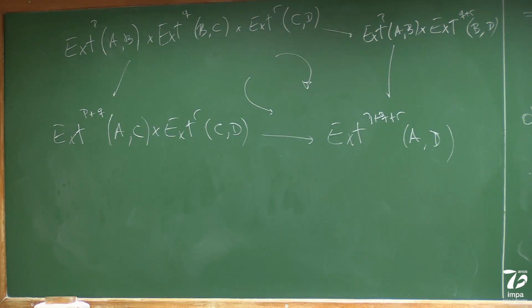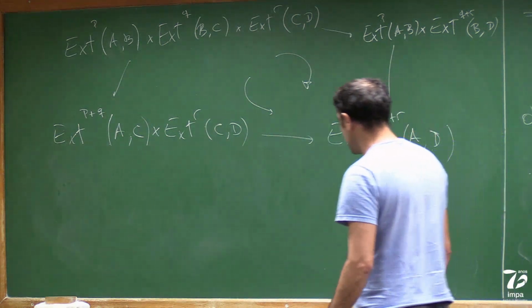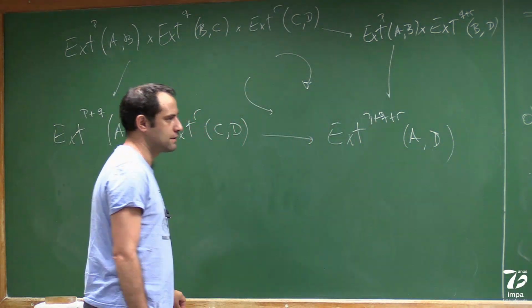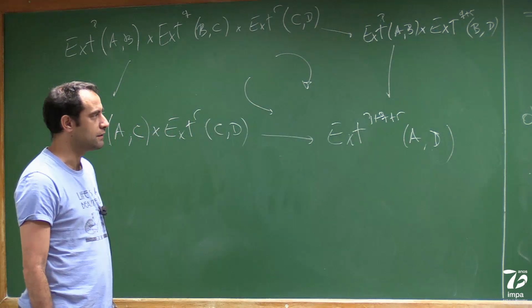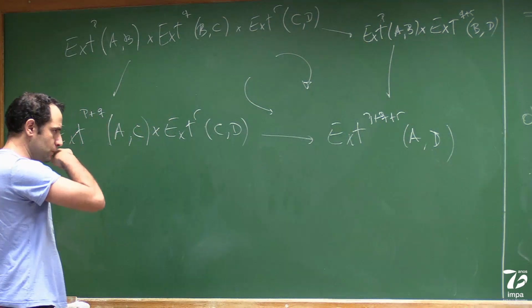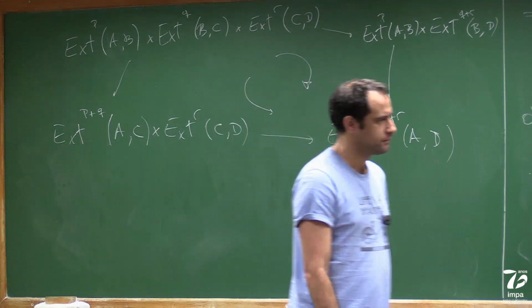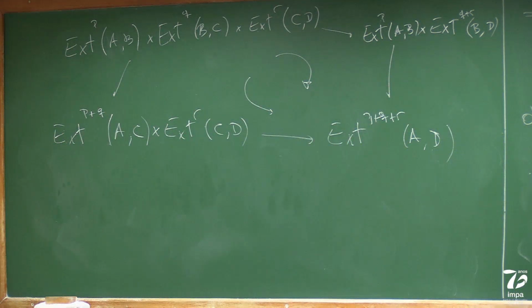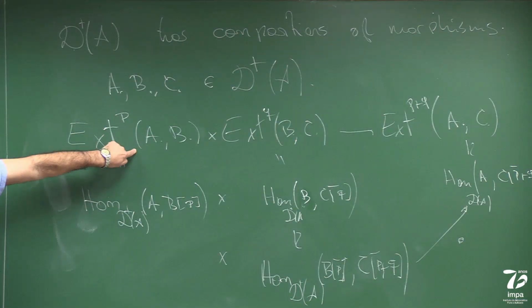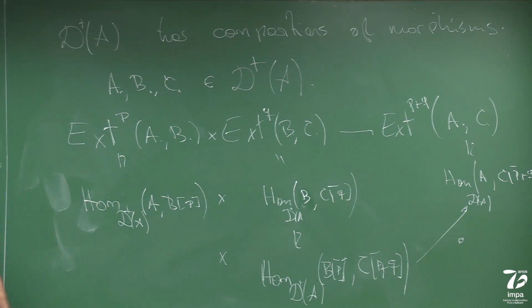But these are groups, so those diagrams commute. In that sense, that multiplication is associative. Okay. So in particular, you can just take the direct sum of all the Ext groups between an object and itself, and that's an honest algebra.